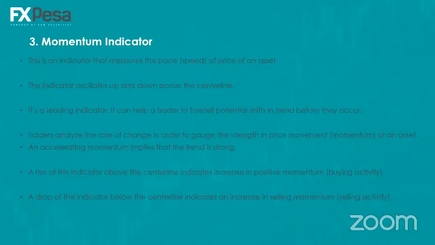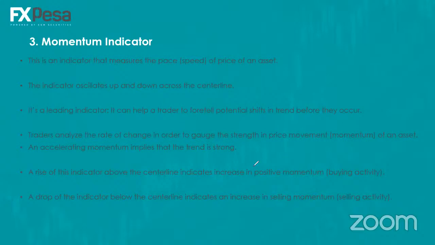This one is going to give us the pace of the price of an asset. It's a leading indicator. It can help the trader tell the potential shifts in the trend, and that can help you with more confidence on whether you're going to enter your buy or sell.